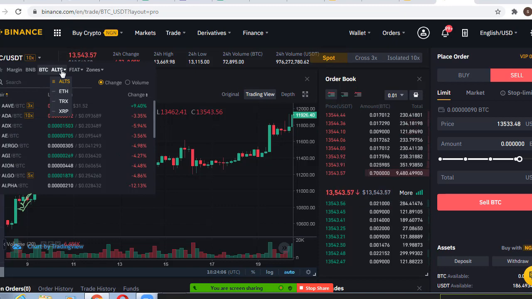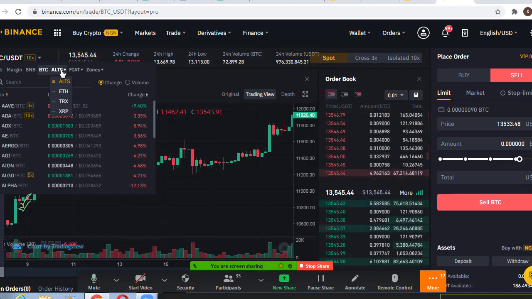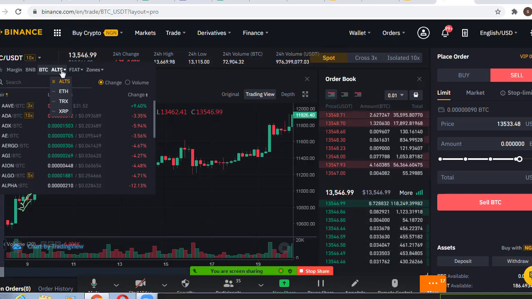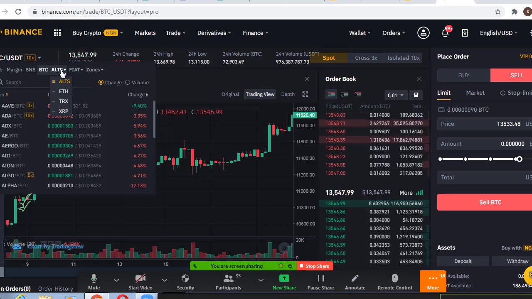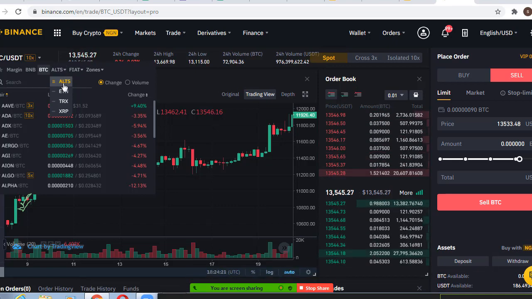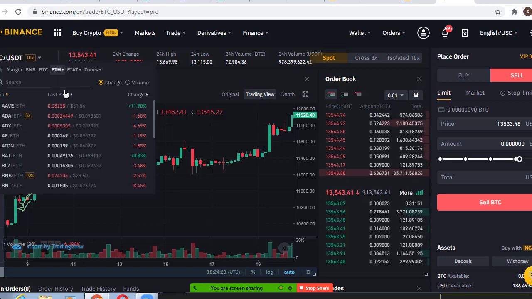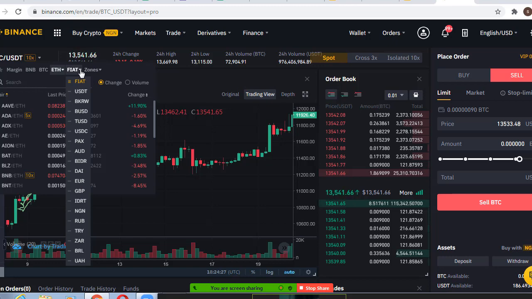Now we have altcoins. What are altcoins? Altcoin is any coin except BTC. So any coin apart from BTC is called an altcoin. Altcoin means alternative coin, that is, alternative to BTC. So we have the Ethereum market. If you see, everything here is Ethereum, and we have the fiat market too.